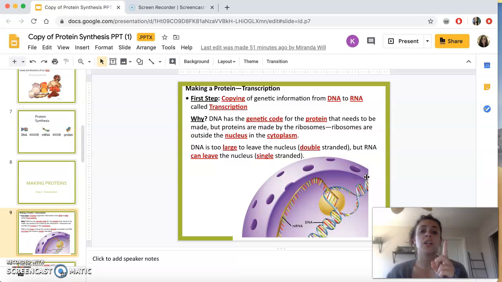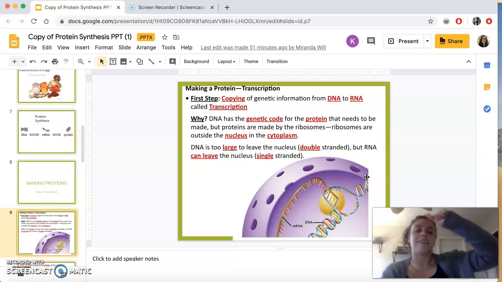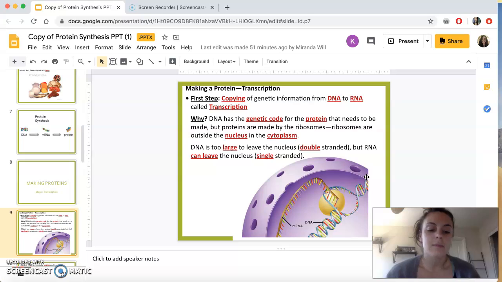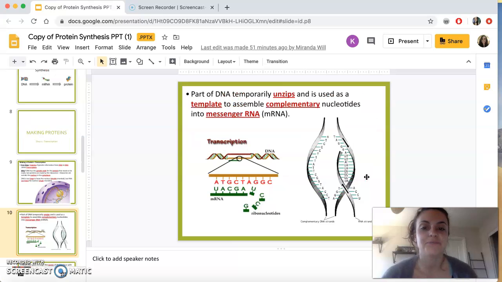We have to turn it into what we call RNA, ribonucleic acid, and we're going to pull that RNA strand out, take it over to the cytoplasm, and code it for proteins there.